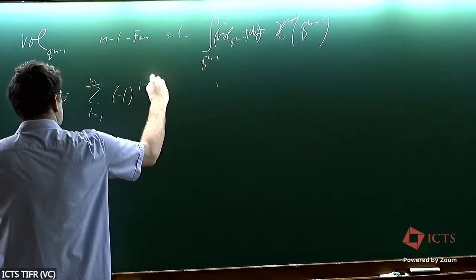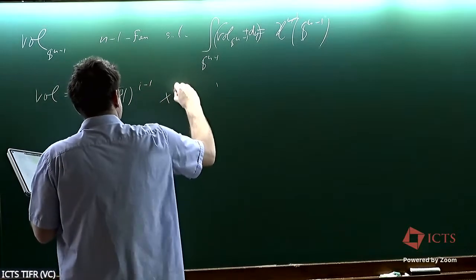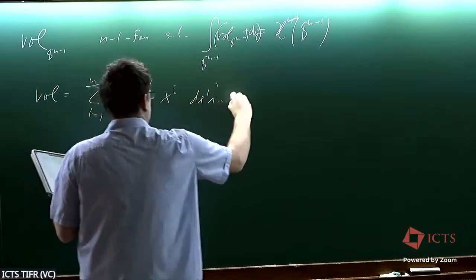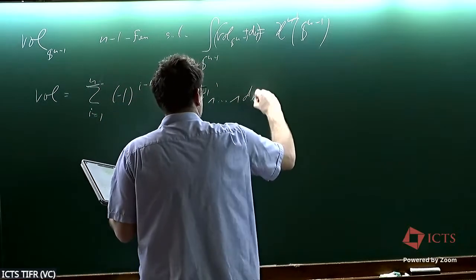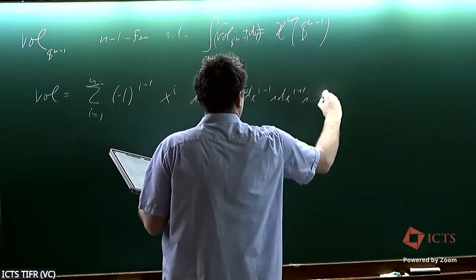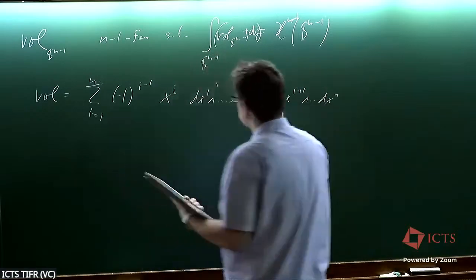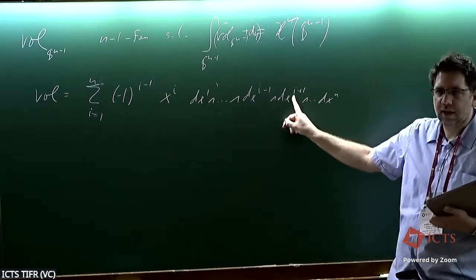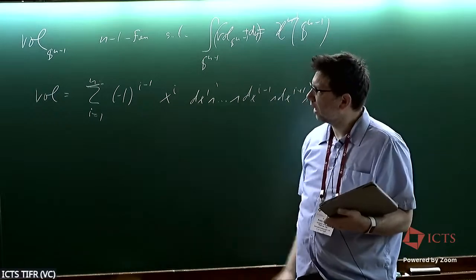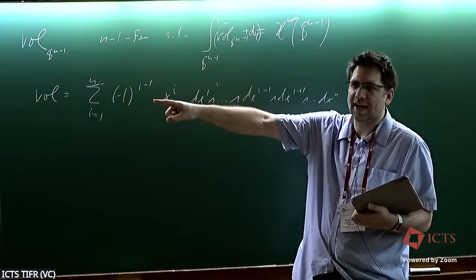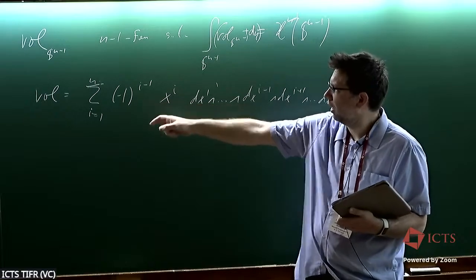Then we have x_i, right? This is the scalar guy. dx_1 through dx_{i-1}, dx_{i+1} through dx_n. You see this is an n-1 form because I skipped the dx_i. It's over here. And if you want to compute this, you see this is exactly the same if you take the pullback.